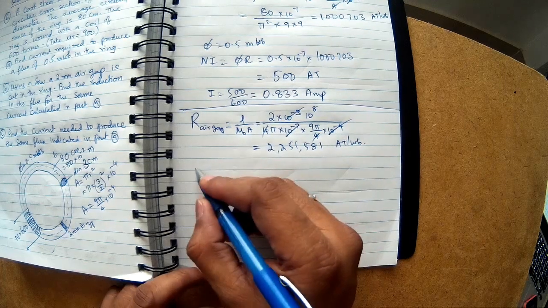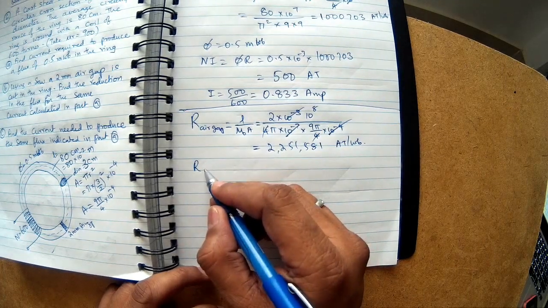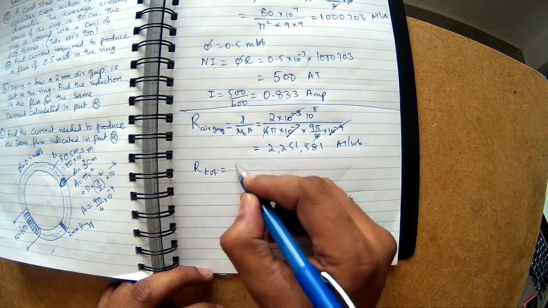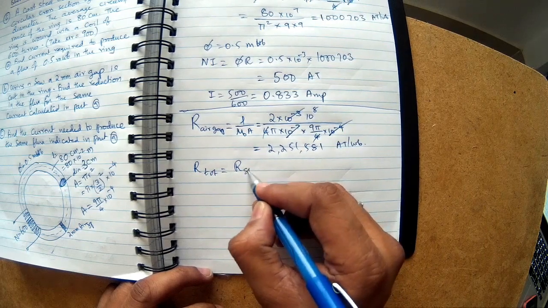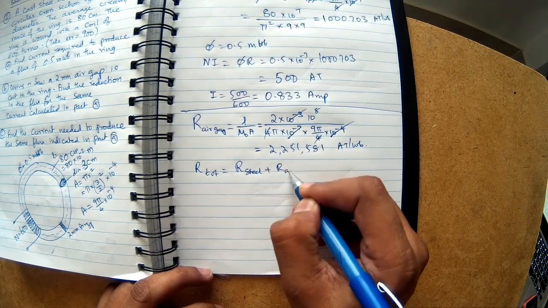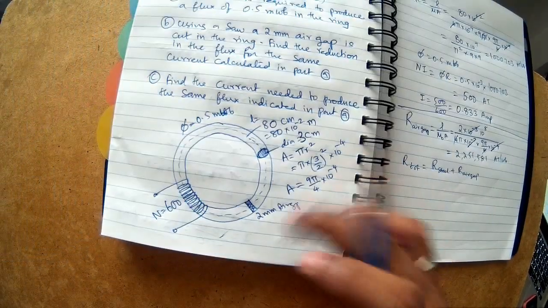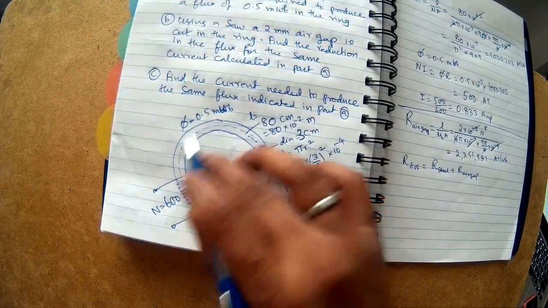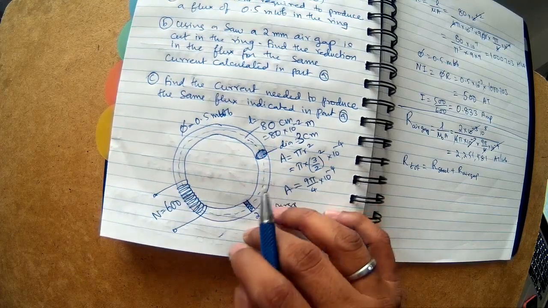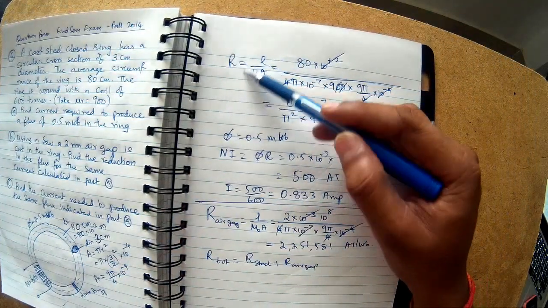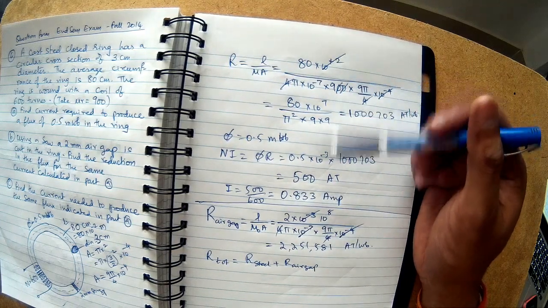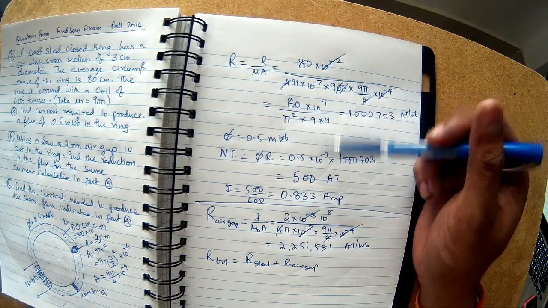Okay. So now what is the total reluctance? Total reluctance will be the reluctance of the steel plus the reluctance of the air gap. Now you might say, if I make a 2 mm gap, then the length of the steel is reduced by 2 mm, so there will be a slight reduction in the reluctance of the cast steel itself.